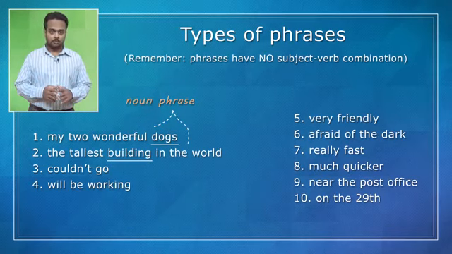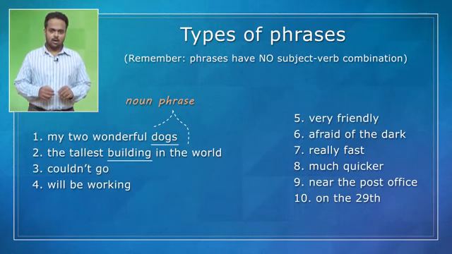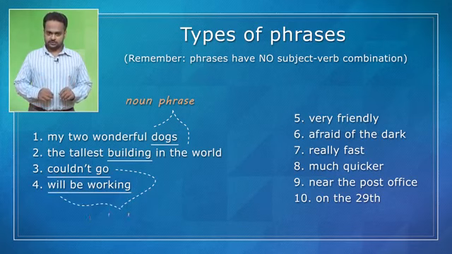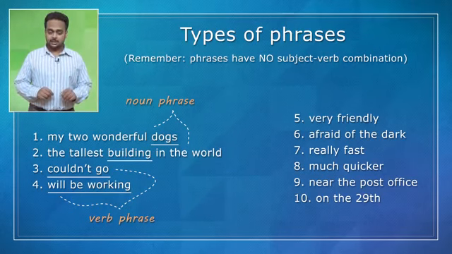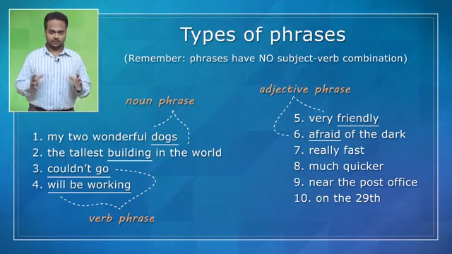What about couldn't come and will be working? Can you guess what types of phrases these are? Well, these are verb phrases because they only have verbs in them. All of these words are verbs. Similarly, we have the adjective phrases very friendly and afraid of the dark.